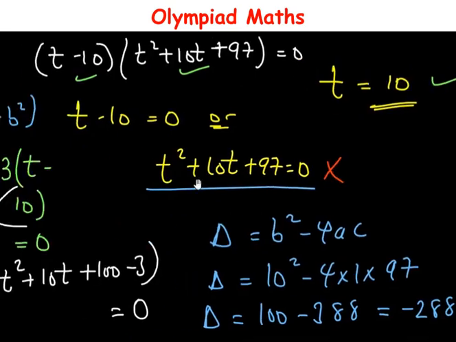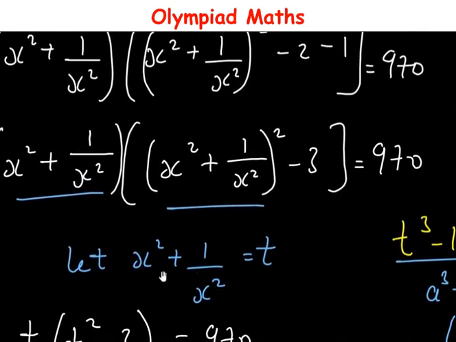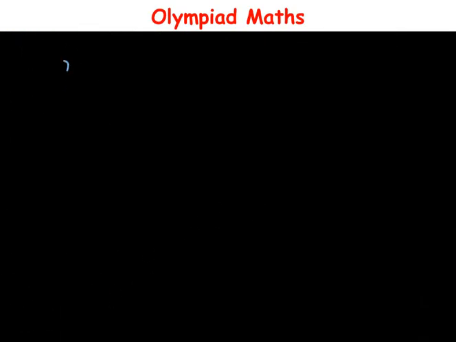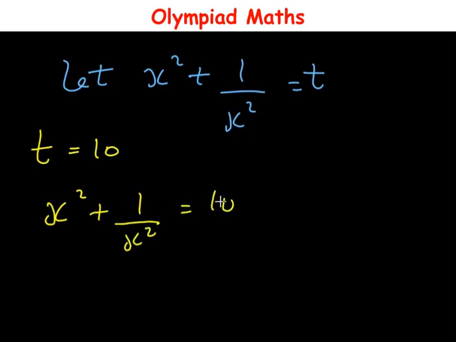And to do so, come back to this equation that we said, let x squared plus 1 over x squared equal t. We got the value of t to equal 10. So inputting the value of 10 as t into this equation, we have x squared plus 1 over x squared equals 10.